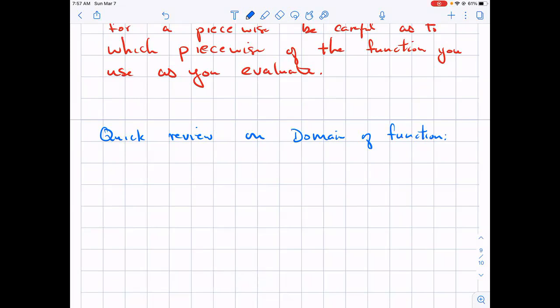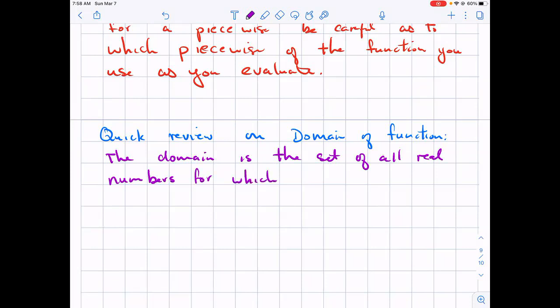So the domain is the set of all real numbers for which the expression is defined.